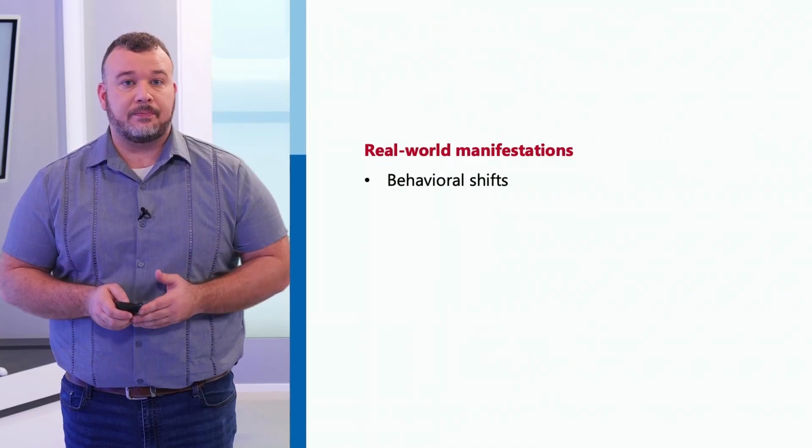Because ignoring pragmatic implications can result in serious unintended consequences, such as harm to user trust or damage to business operations. Machine learning professionals must go beyond performance metrics and prioritize real-world utility, fairness, and ethical considerations. Here are some of those real-world manifestations. Behavioral shifts.